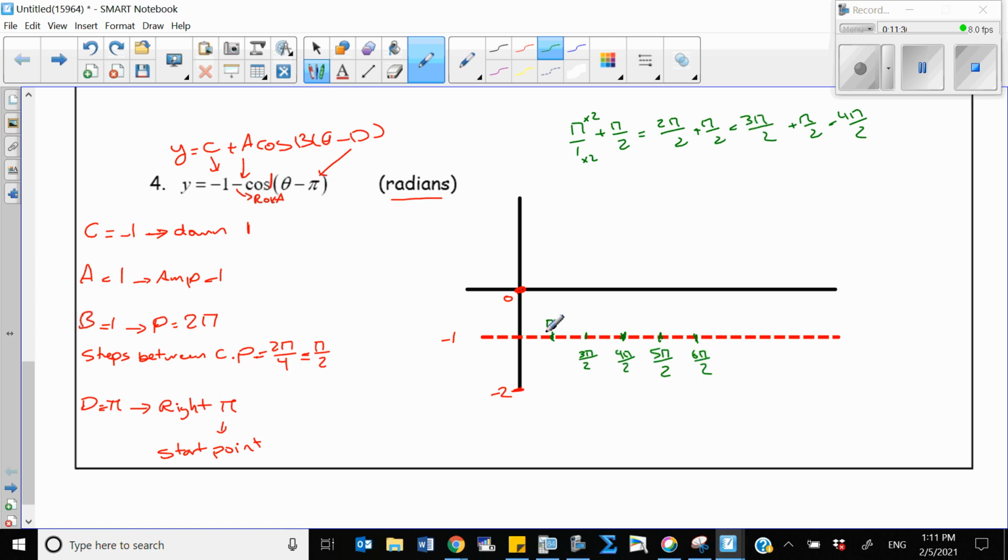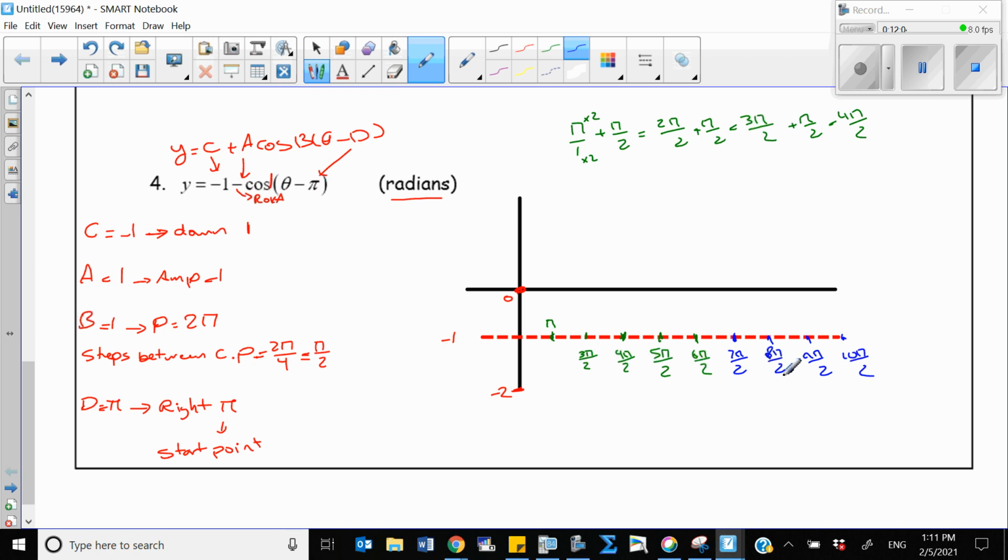This is the first cycle, and each cycle has 5 critical points. For the second cycle, I add pi over 2 again: 7 pi over 2, 8 pi over 2, 9 pi over 2, and the last one, 10 pi over 2.